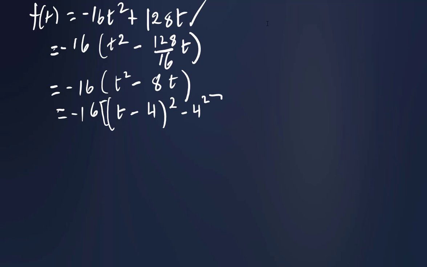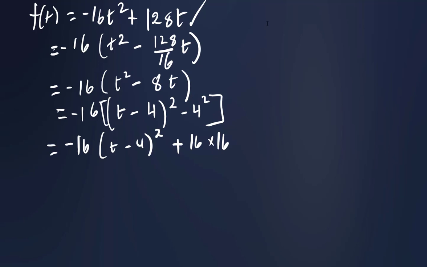Let me open this one here, much better. Okay, so that becomes minus 16 factor in t minus 4 squared, minus, so it's a plus 16 times 16.